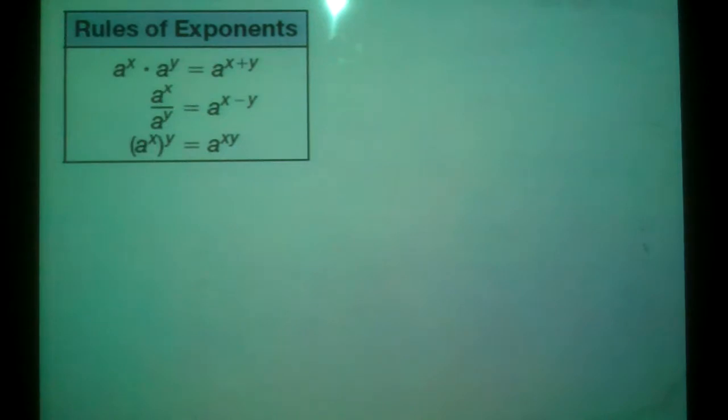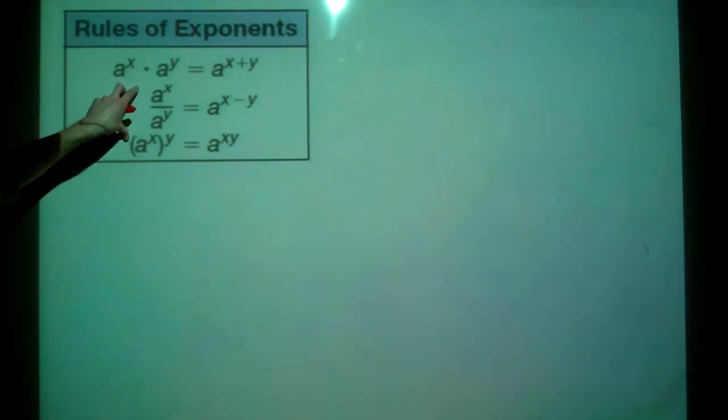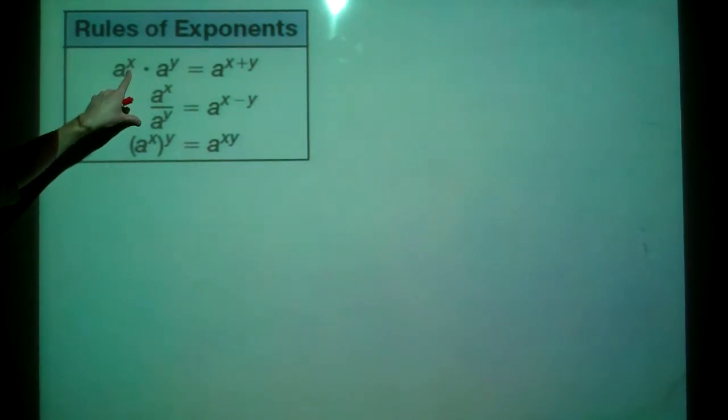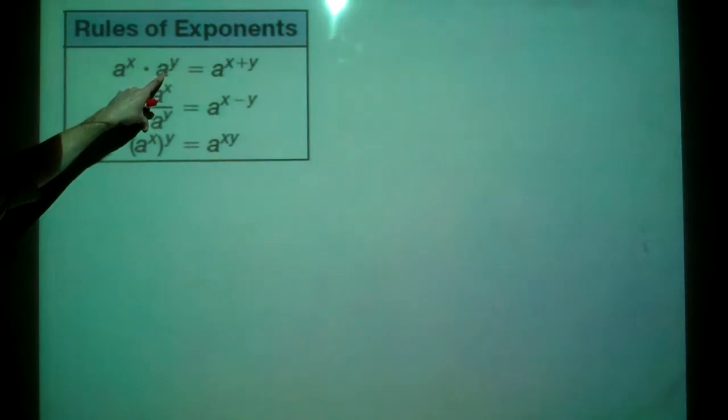But here's some things we should find out. Now this table is going to look a little funky. What this basically means is, if we have a number A, or basically the same base, we've got exponents to those bases.